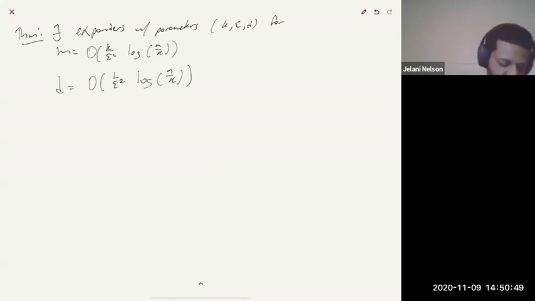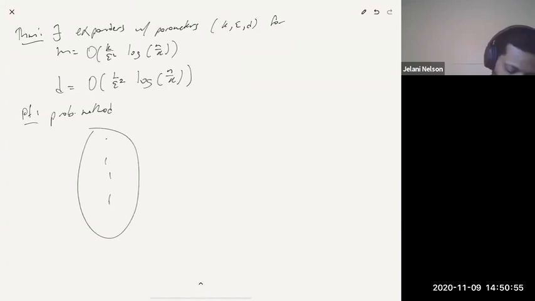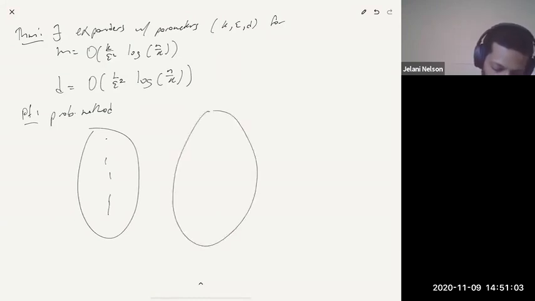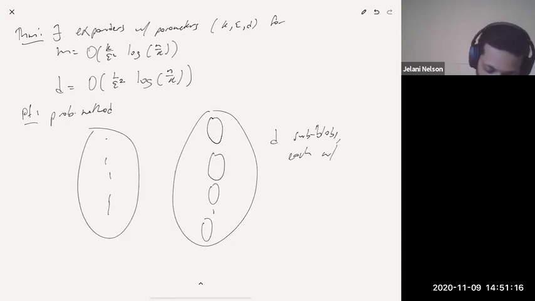And the proof is the probabilistic method. So again, you just take your n vertices on the left, and then on the right, for this setting of parameters, you break up the right-hand side into little subblobs, where you have D subblobs, each with M over D vertices.